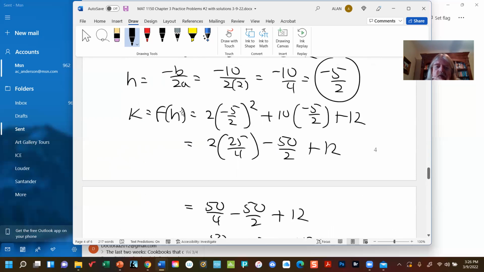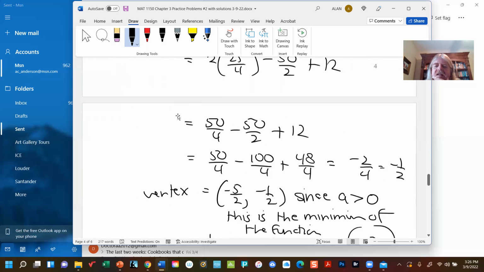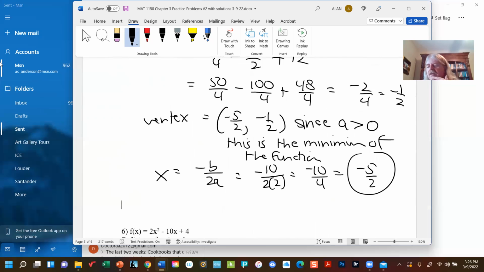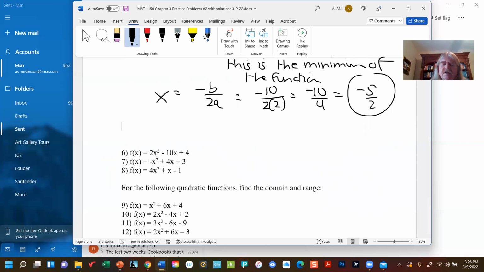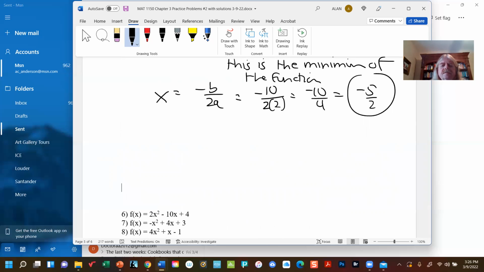Or given that we're writing it as h comma k, you can think of that as h. So basically, you're just saying x equals h here. And then if you drew that line, the line x equals negative 5 halves is a vertical line. That's all it is.